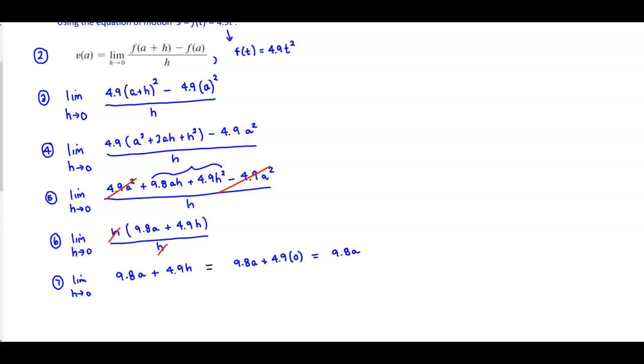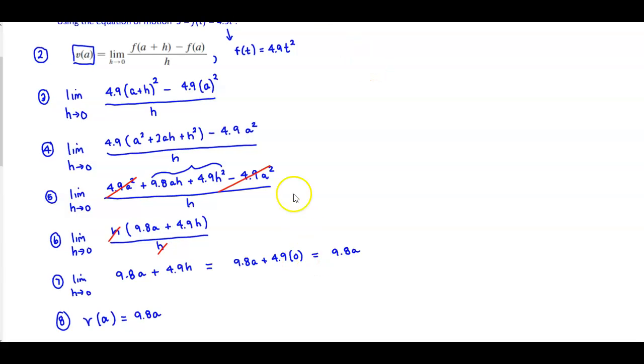So that tells us that the velocity at a is equal to 9.8a. So we were able to find the velocity at a to be 9.8a.